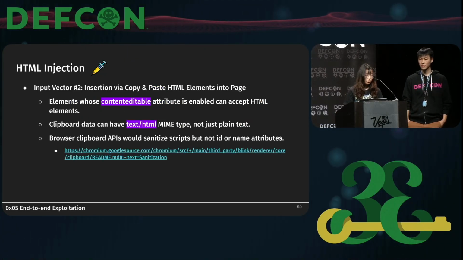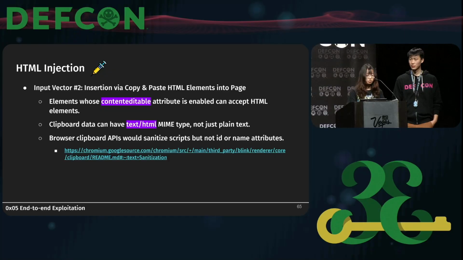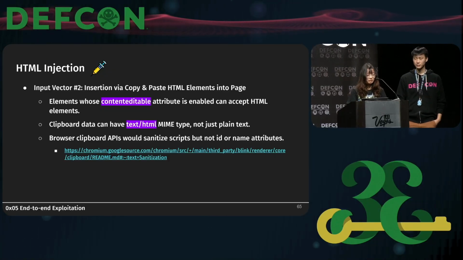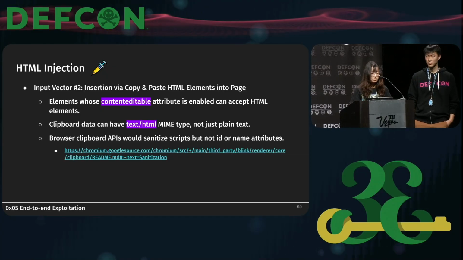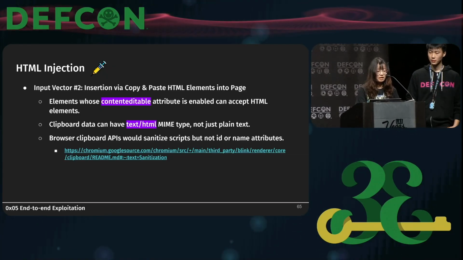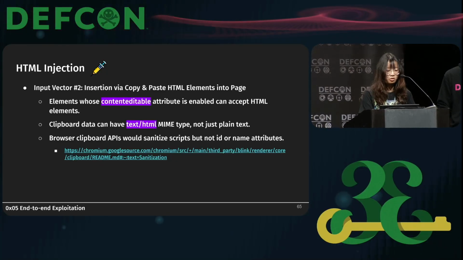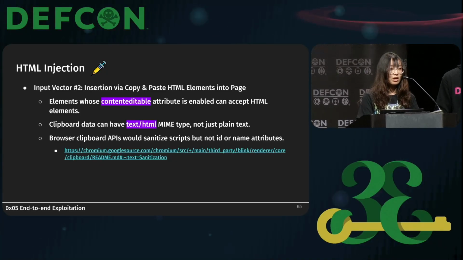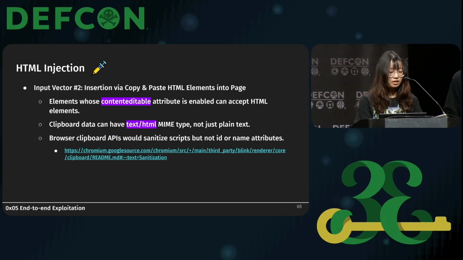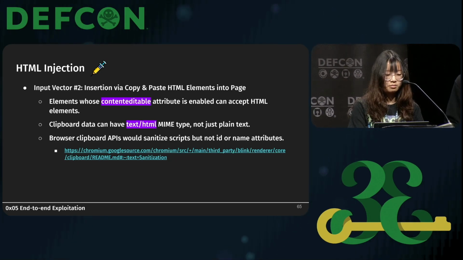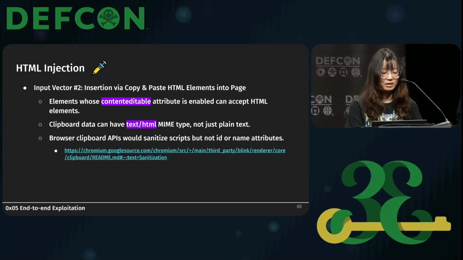The second input factor is inserting HTML elements into the page directly through copy and paste. This is based on several factors. The first is that elements whose contenteditable attribute is enabled can accept HTML elements directly. Second is that clipboard data can have a text or HTML MIME type, not just plain text.